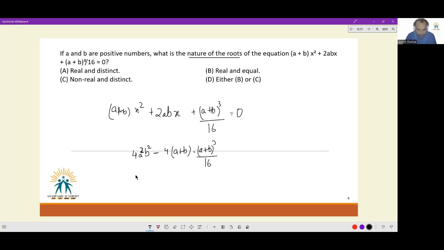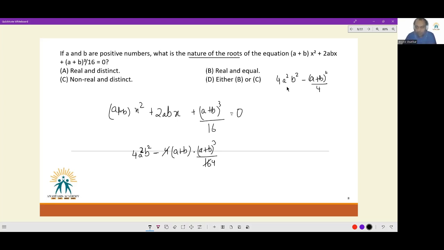First thing we will have is this, and this I can cancel. So the expression comes to 4a square b square minus (a plus b) raised to the power 4 divided by 4.